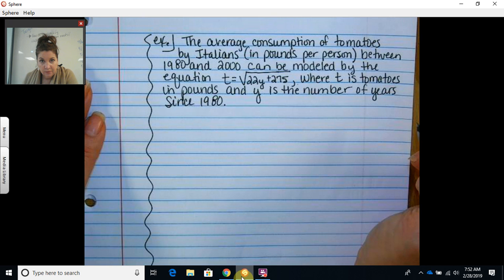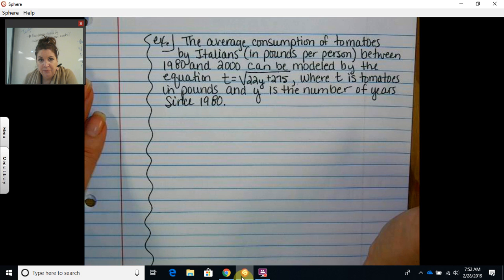So the average consumption of tomatoes by Italians in pounds per person between 1980 and 2000 can be modeled by the equation t equals the square root of 22y plus 275, where t is tomatoes in pounds and y is the number of years since 1980.